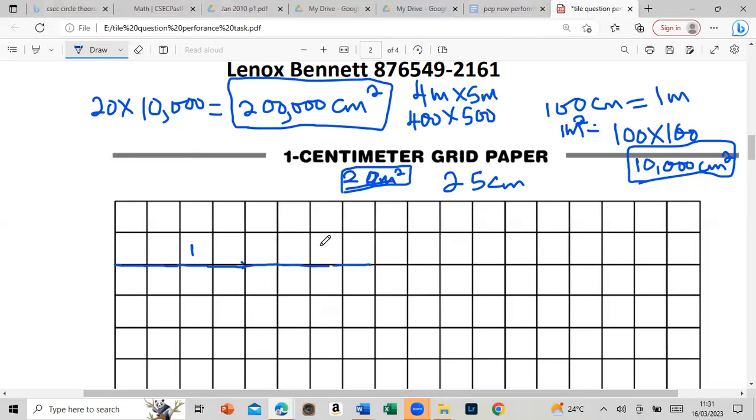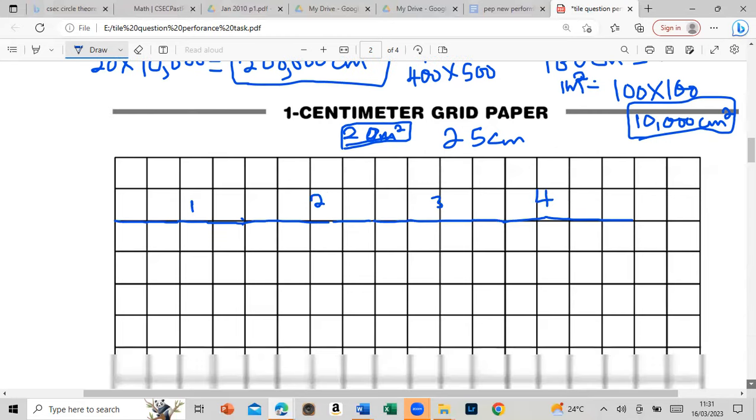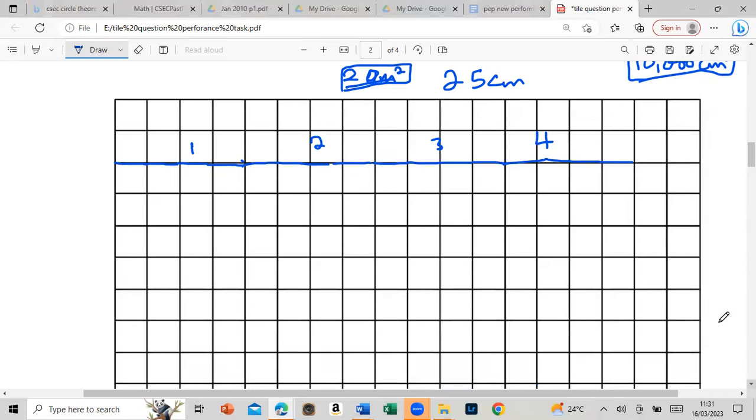This represents 2. So 4 of them represent 1, right? 1, 2, 3, 4. This is 3. 1, 2, 3, 4, and this is 4. So it's going to take all of 16 of them, since 1 is only 25. I want to get to 4. Alright, so that's 400.